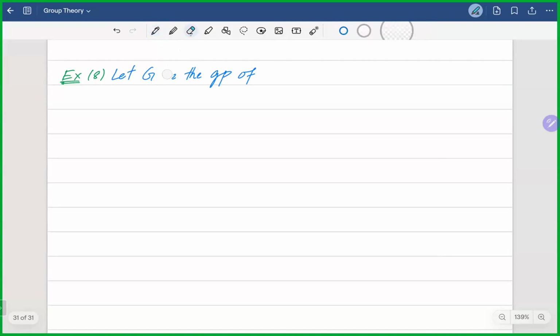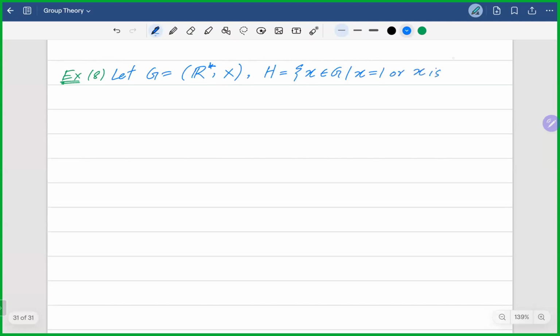So we can write G is R star under multiplication. Our H is a set which contains elements from G, given that the element X is 1 or X is irrational.